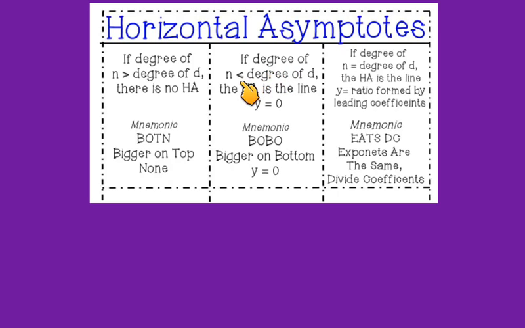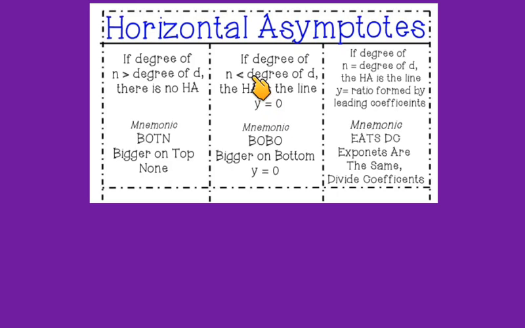Okay, let's move on to the second one. If the degree of the numerator is less than the degree of the denominator, then the horizontal asymptote is always the line y equals 0. And let me point out once again, the y part is as much a part of the answer as the 0.